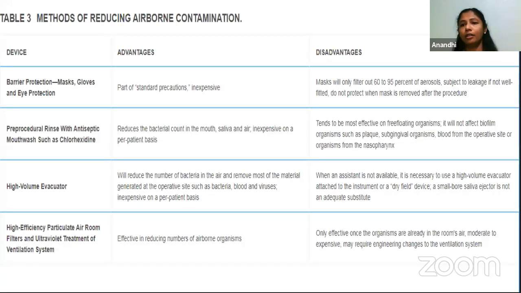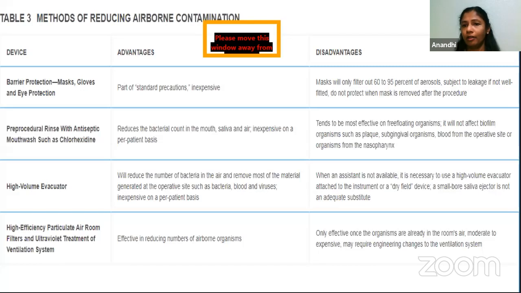Even if you're talking to the patient, let's say I just finished scaling and root planing on the patient, which had a lot of aerosols at the time. And then I'm going to give post-operative instructions to the patient. Now I don't take off all the stuff to give the instructions. I still have my PPE and my assistant still has PPE. We don't remove everything to talk to the patient.